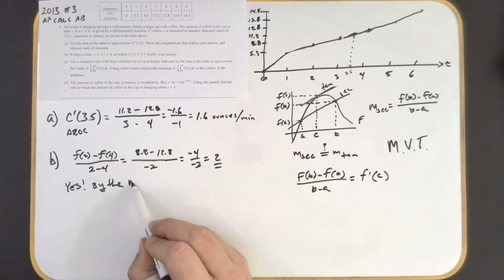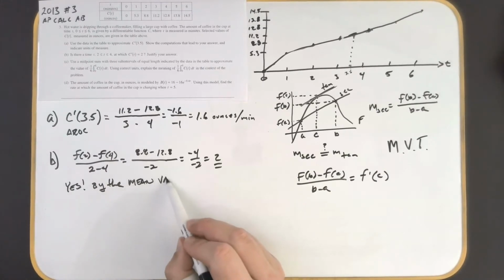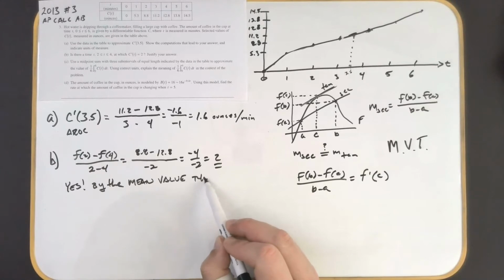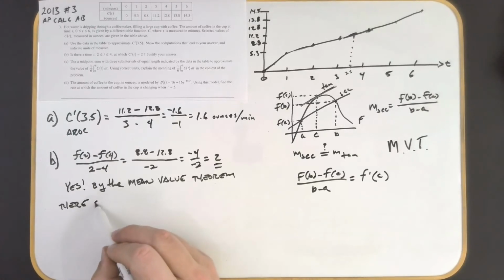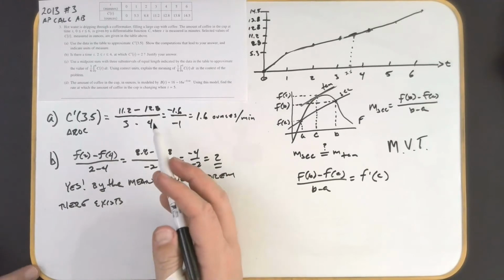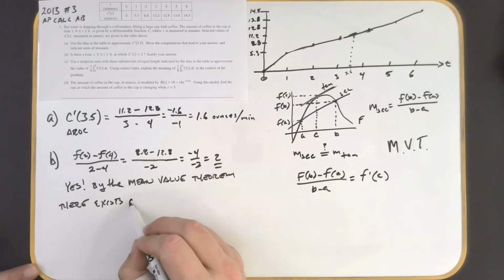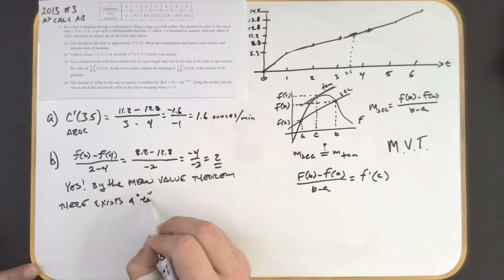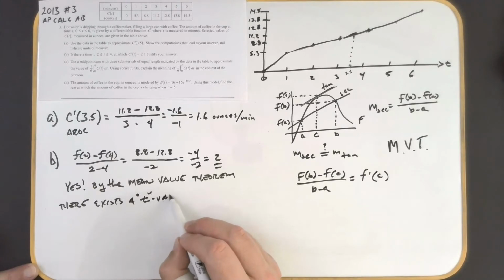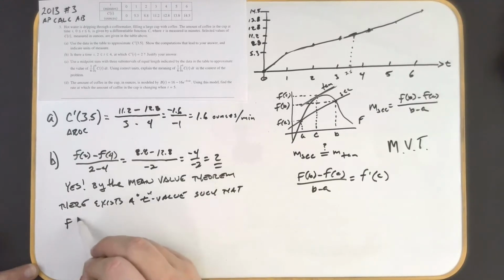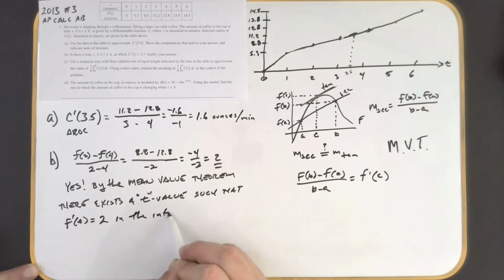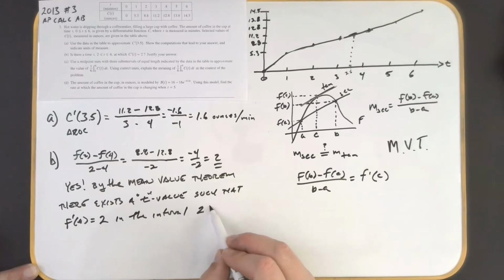By the mean value theorem, there exists a t value such that f prime of t is equal to 2 in the interval 2 less than t less than 4.